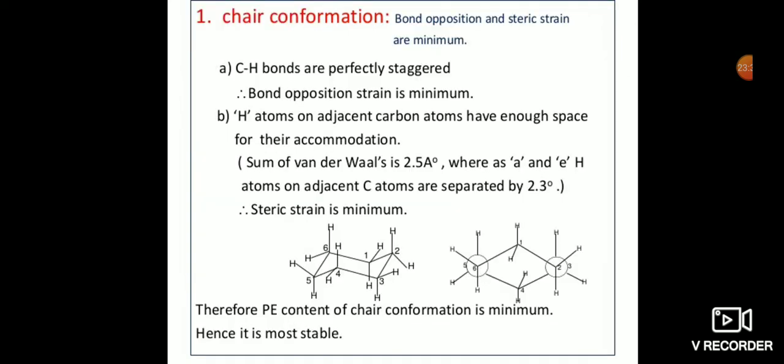Now we will see the next slide. First, number one, chair conformation. The factors influencing its instability, the reasons, are bond opposition and steric strain.